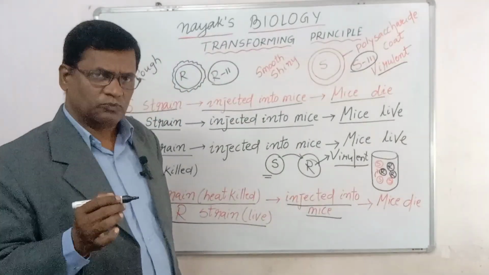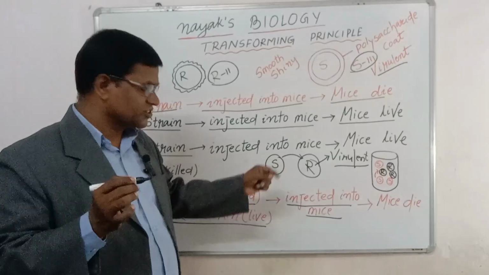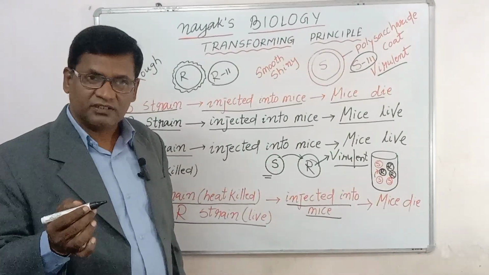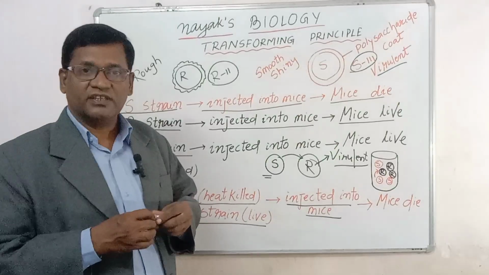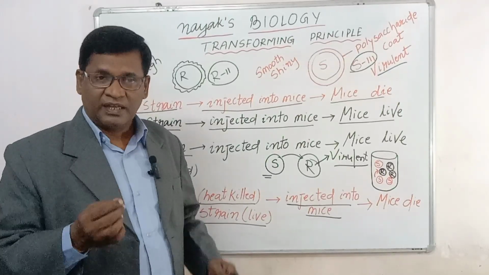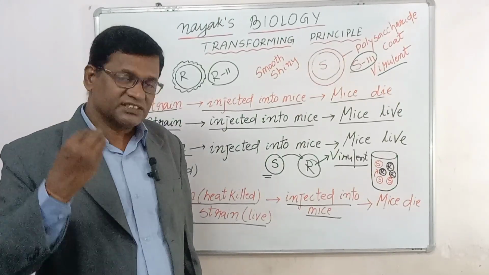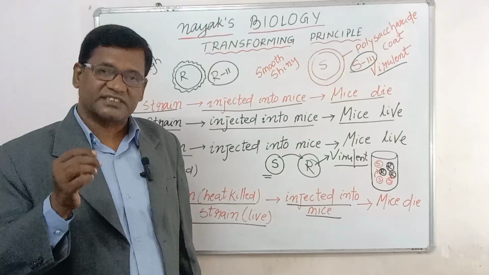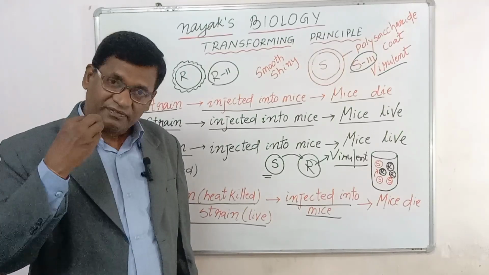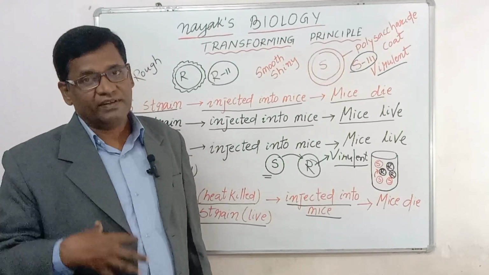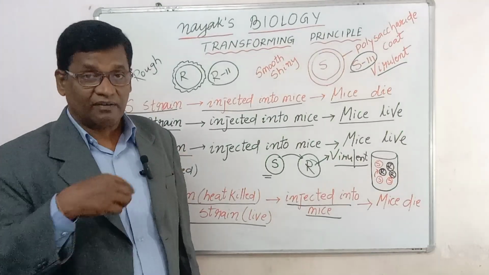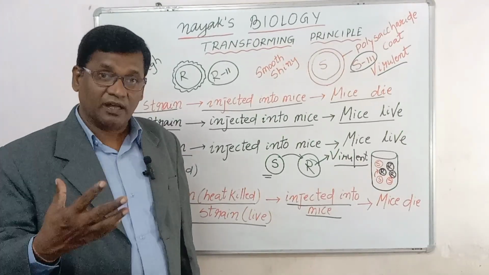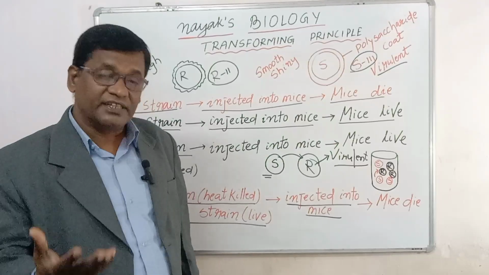Now you may ask me one question, sir, how does this S strain transport to the R strain, although it is heat killed? Because you see, HIV, which is caused by a virus, when HIV infects us, it does not go in whole. It only sends its RNA or DNA, and that enters our body and converts our DNA to behave like it. Our DNA changes into the behavior of the pathogen DNA.